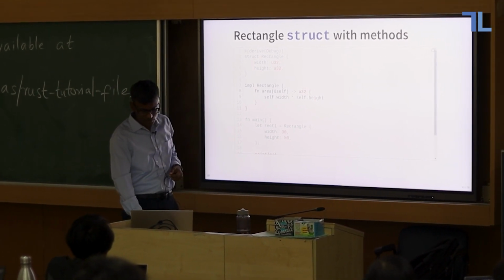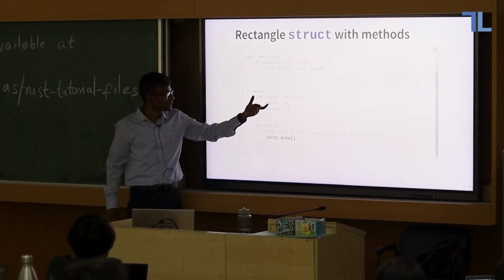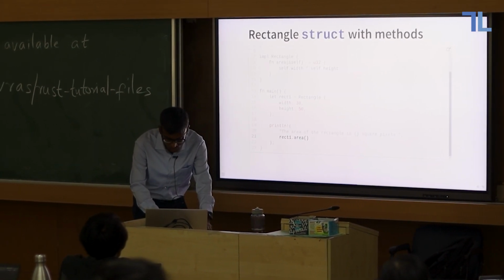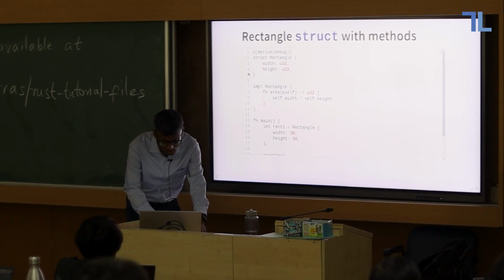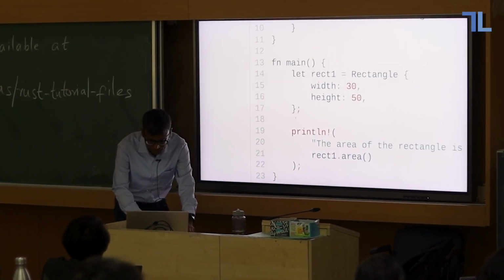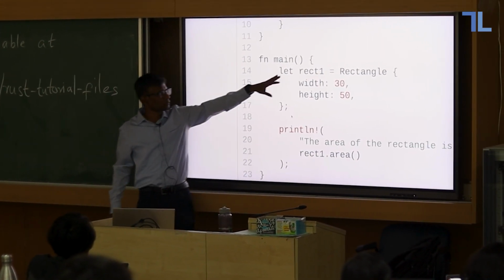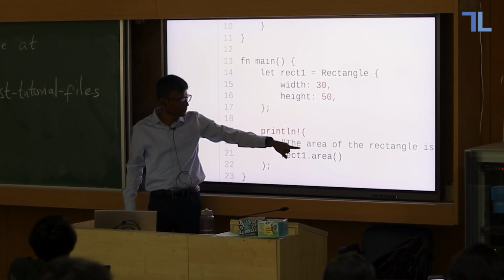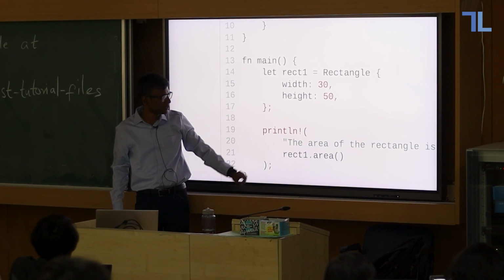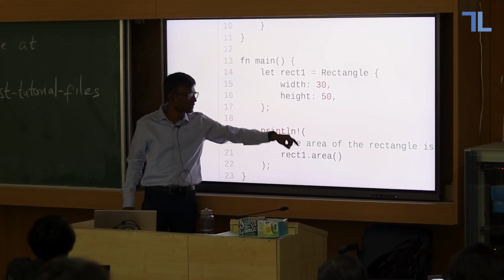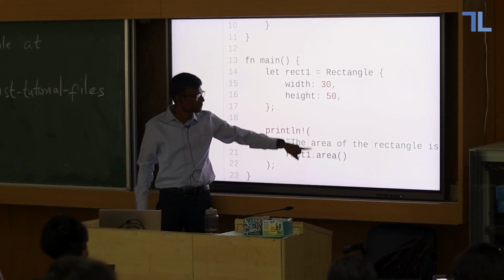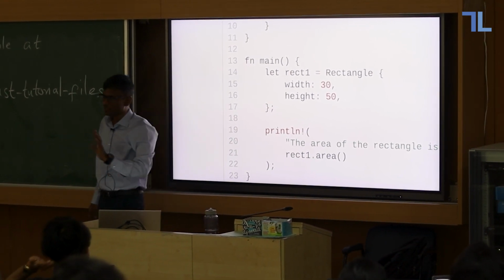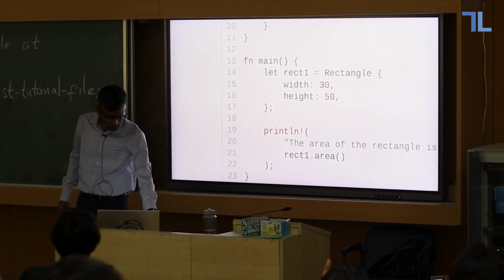The way to use it is you define a rectangle rect1 and just call rect1.area(). Previously I had rect.width multiplied by rect.height. Here I just say rect.area(), and the dot syntax allows you to call methods which are defined for that particular structure.